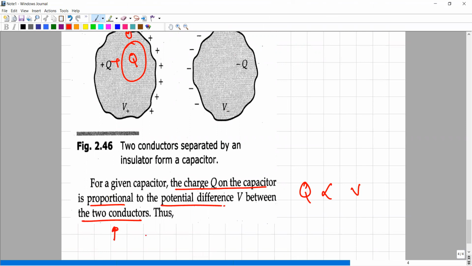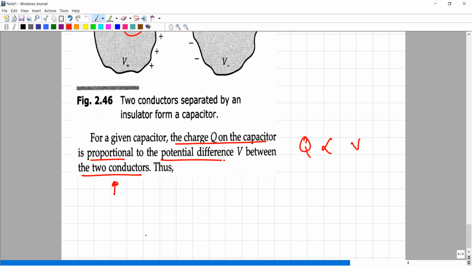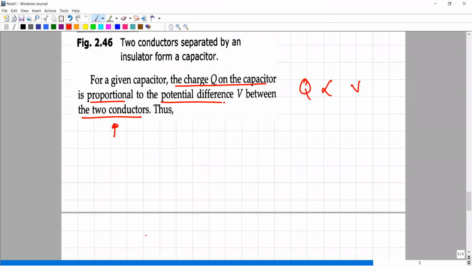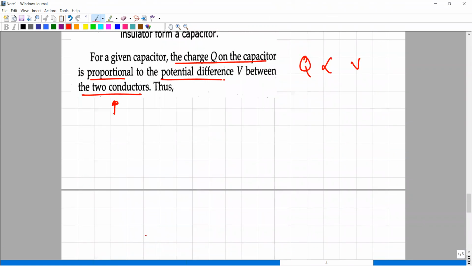Mind it, when we did the isolated spherical conductor in the previous video, there we calculated the capacitance to be simply Q by V. Q was the charge given to the spherical conductor and V was the potential on the conductor. But that was one single conductor, and you were giving some charge to it and some potential was developing.